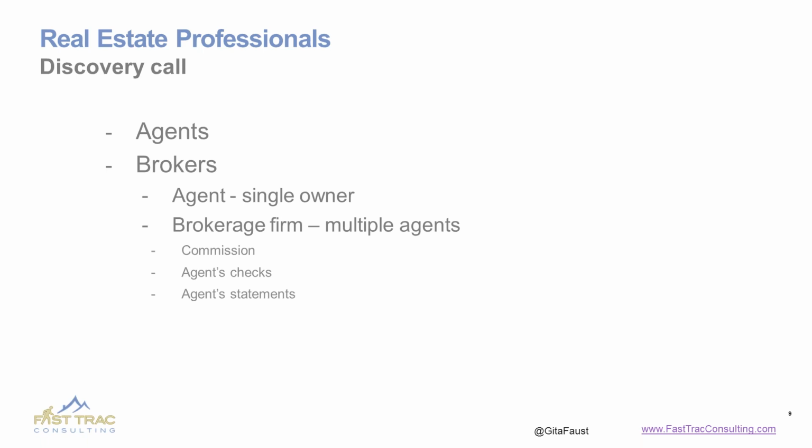Real estate professionals could be agents and brokers. Agents have a simple accounting system, just like our consultants, bookkeepers and CPAs. Money coming in, money going out, as simple as ever. Brokers. If an agent is also a broker and does not have any agents working under them, it's a single owner broker.